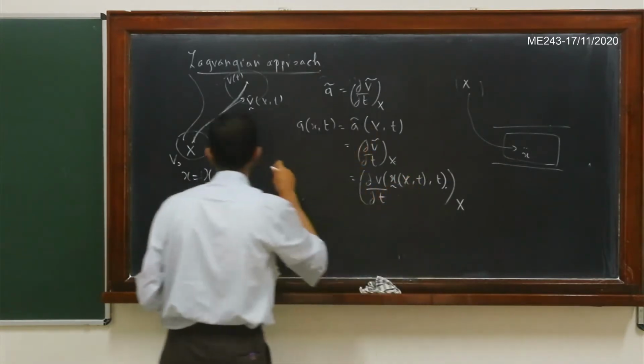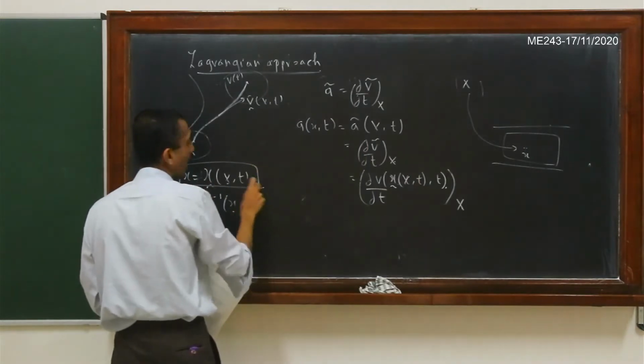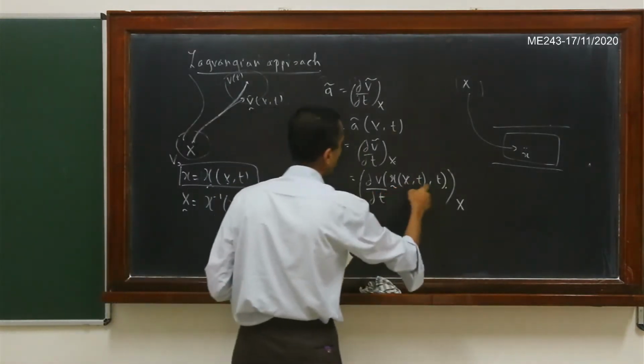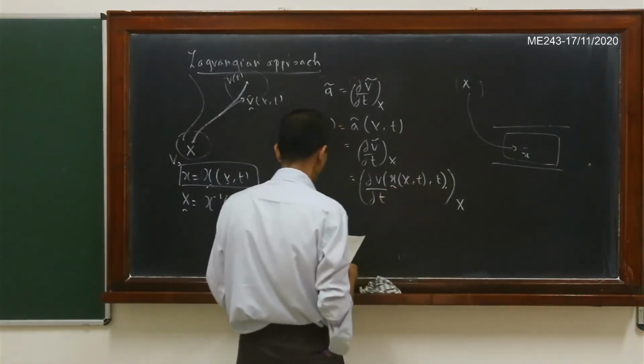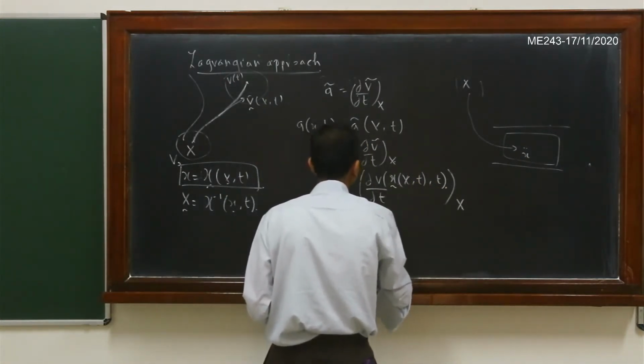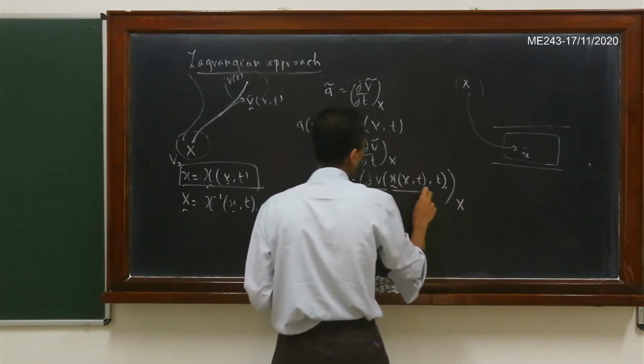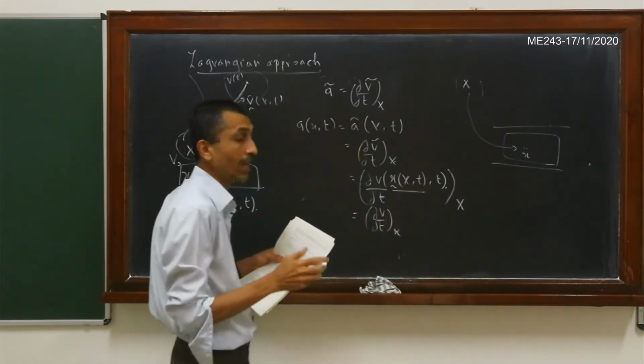Right? Because we know here that x is equal to chi of X comma t. And so now we will apply the chain rule on this. So this is equal to del v by del t, keeping x fixed.